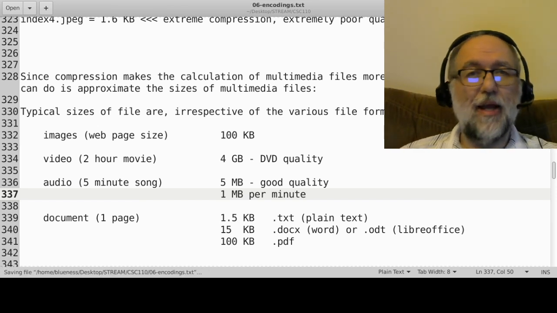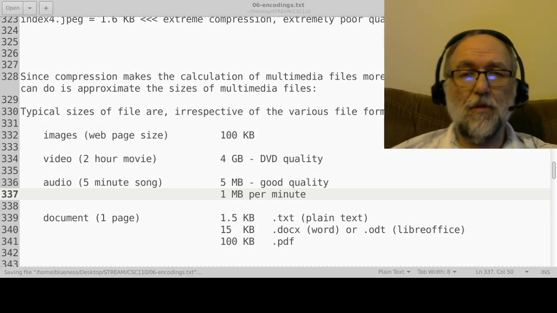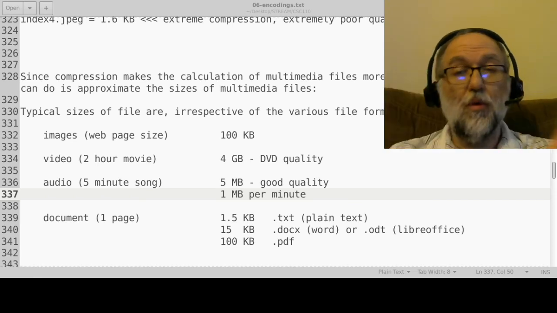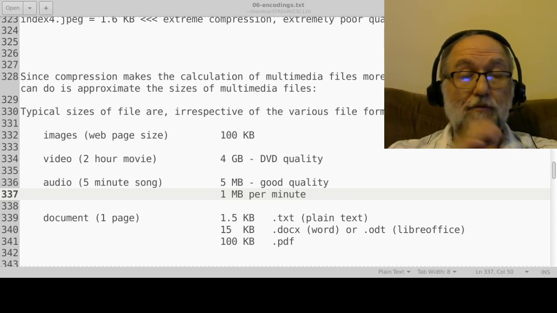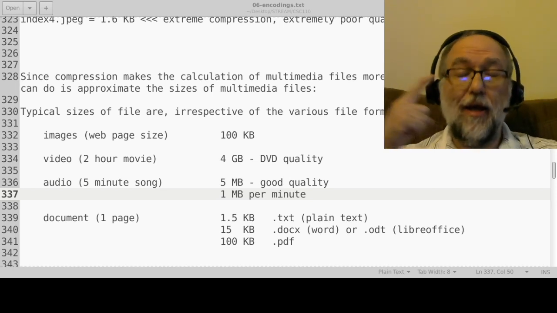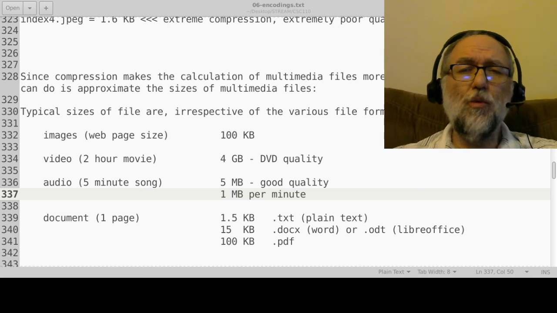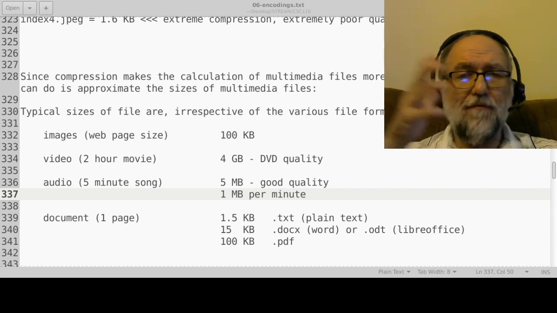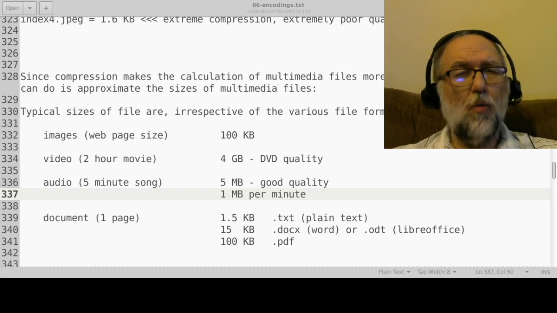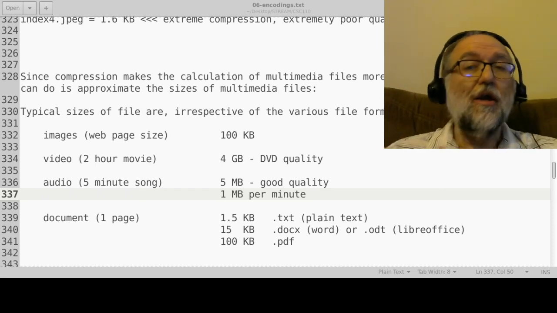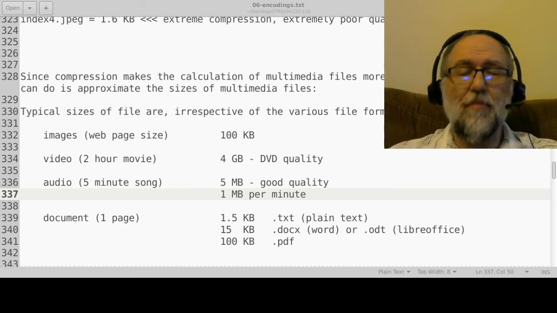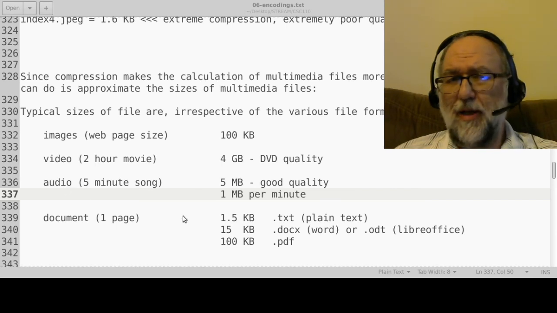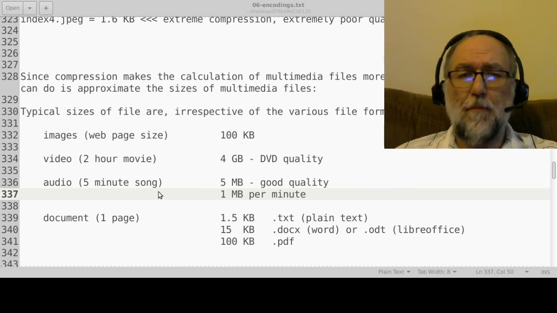The reason I say it that way is, if you were in the classroom, we're not, we're online, but if you were in the classroom and recording a lecture, for each minute of lecture that you're recording, you would need about 1 megabyte of storage. So every minute that you record, 1 megabyte. 15 minutes of lecture, 15 megabytes. 30 minutes, 30 megabytes. 55 minutes, 55 megabytes. So that's probably the best way to think of audio: 1 megabyte per minute.